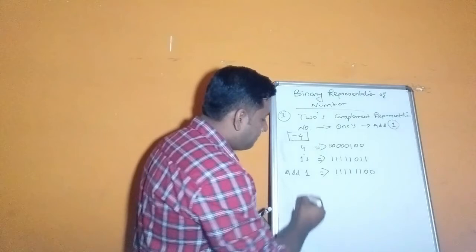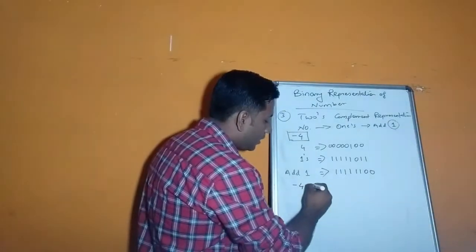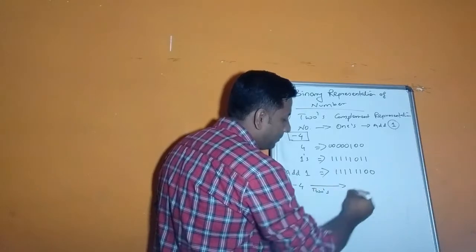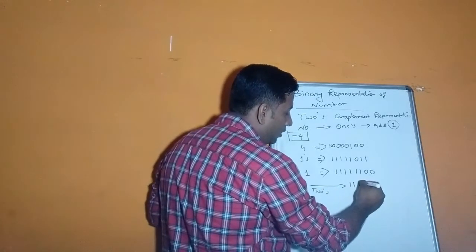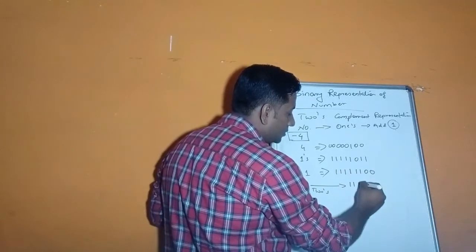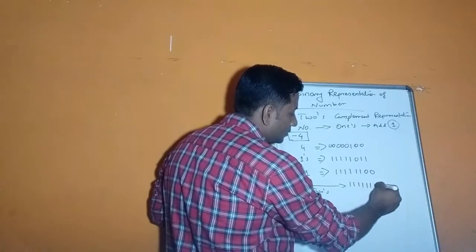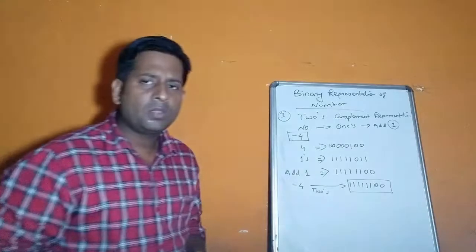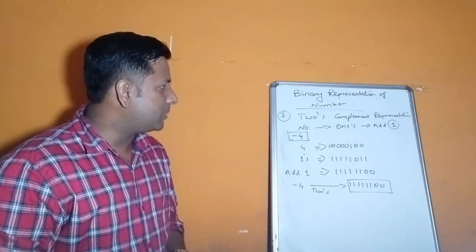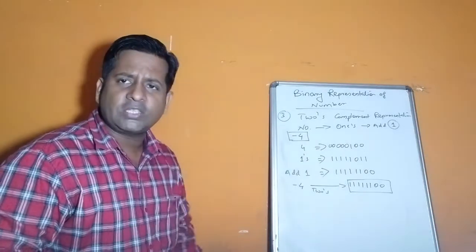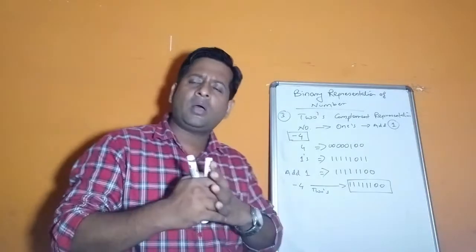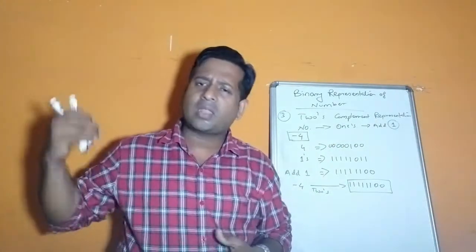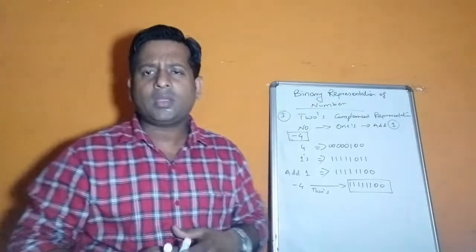So we can say minus 4 in 2s complement will be this part. So according to 2s complement, the number is represented by first converting the binary form to 1s complement, then adding 1, and finally you get the result.